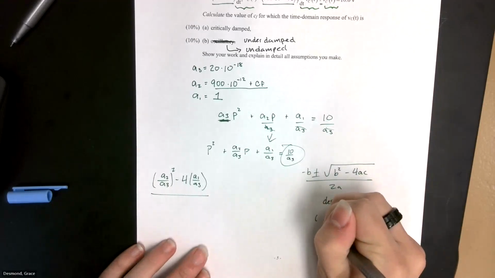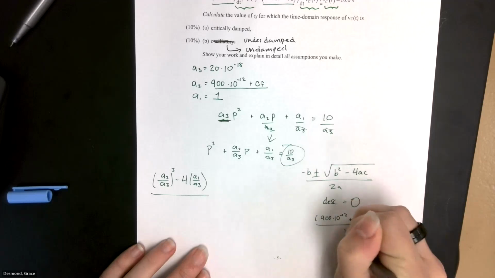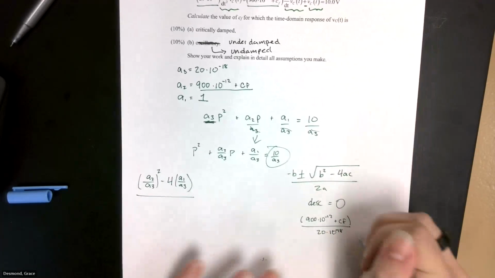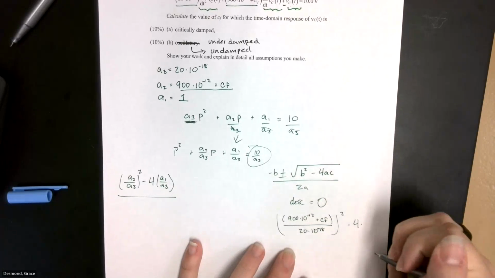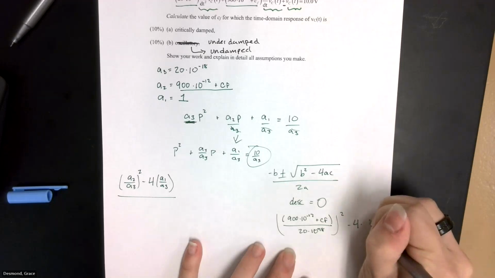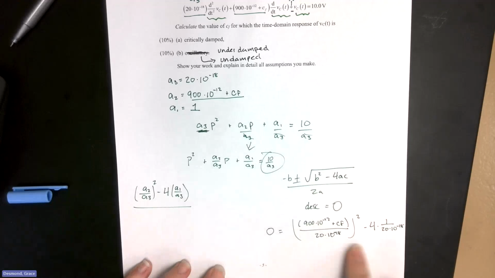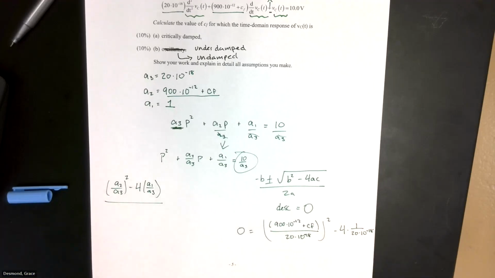I'm just gonna write this out. So this is actually what it is: 900 times 10 to the negative 12 plus CF over 20 times 10 to the negative 18, minus 4 times 1 over 20 times 10 to the negative 18.